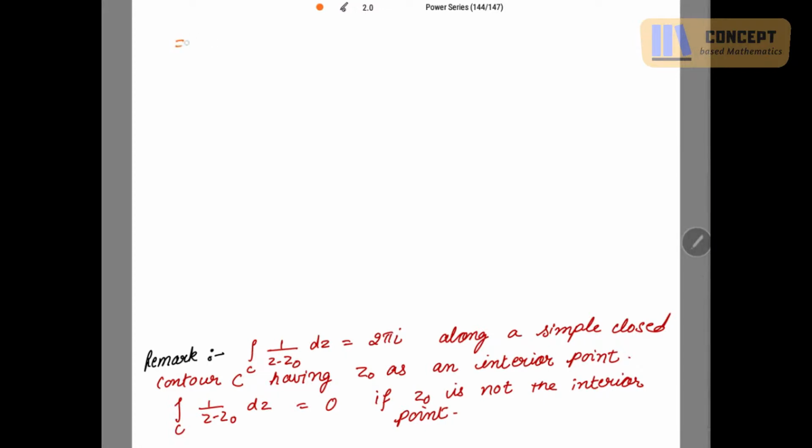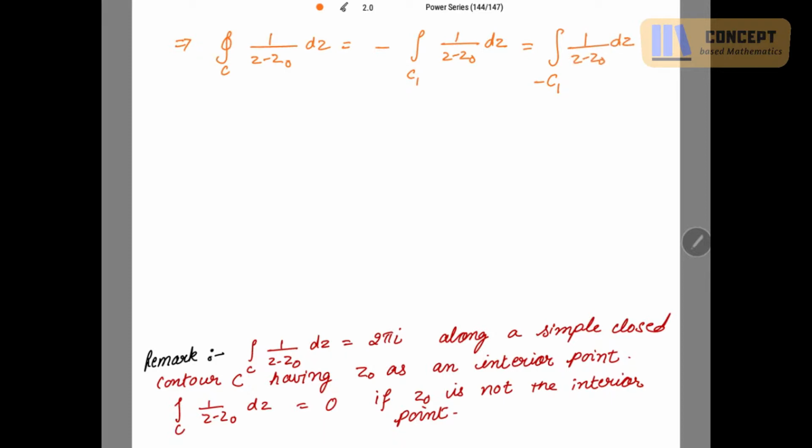So the integral over C of 1 over z minus z naught dz is equal to minus the integral over negative C1 of 1 over z minus z naught dz, which, because of the minus sign, can be written as the integral over C1 of 1 over z minus z naught dz.